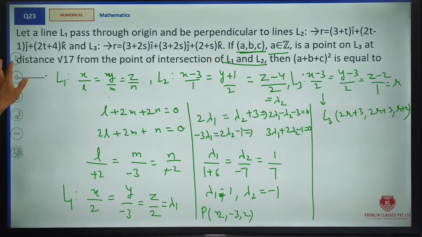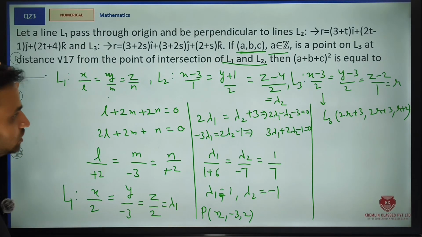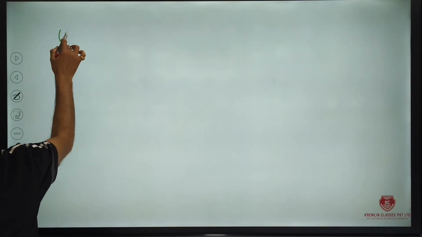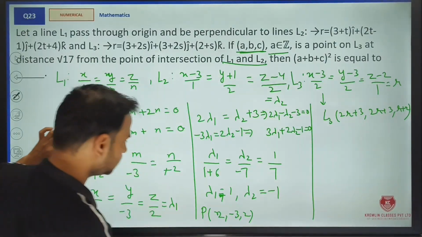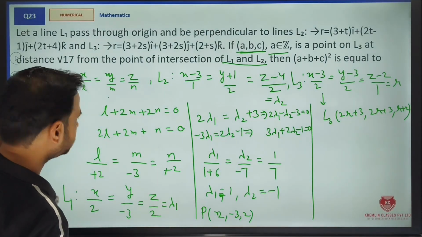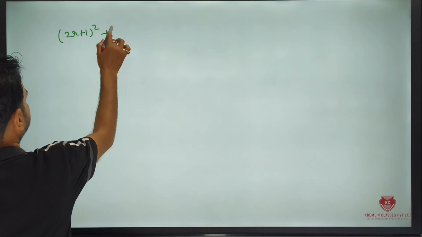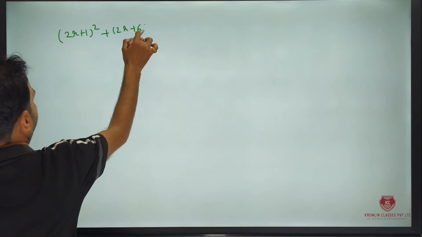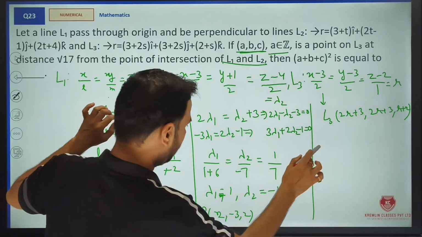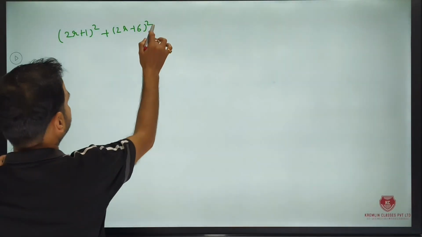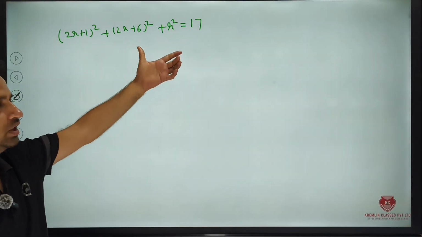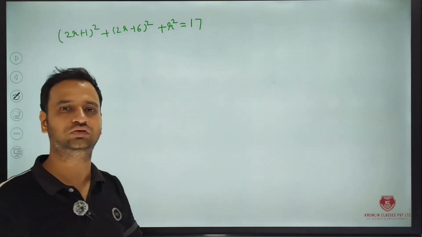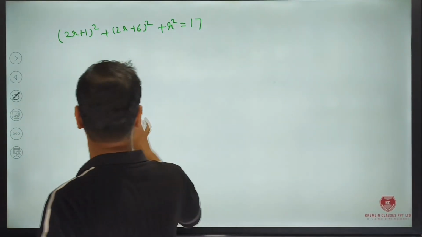So let us find the distance on the next page: 2r plus 3 minus 2, which means (2r plus 1) whole square. Then 2r plus 3 minus minus 3, so (2r plus 6) whole square. Then r plus 2 minus 2 means r square. The square of the distance is 17, because we are given that these two points are at a distance of root 17. So the square will be like this.